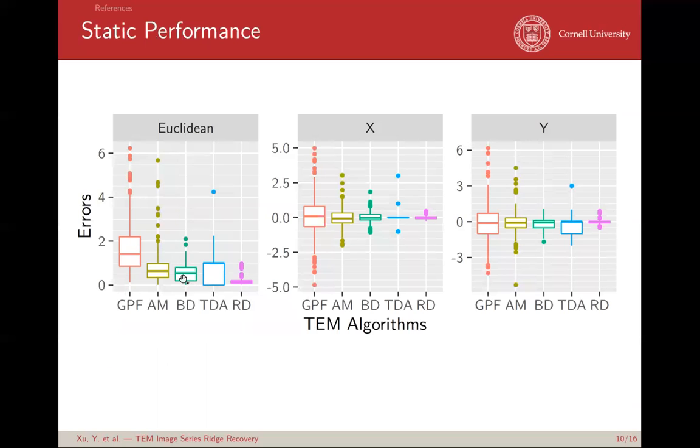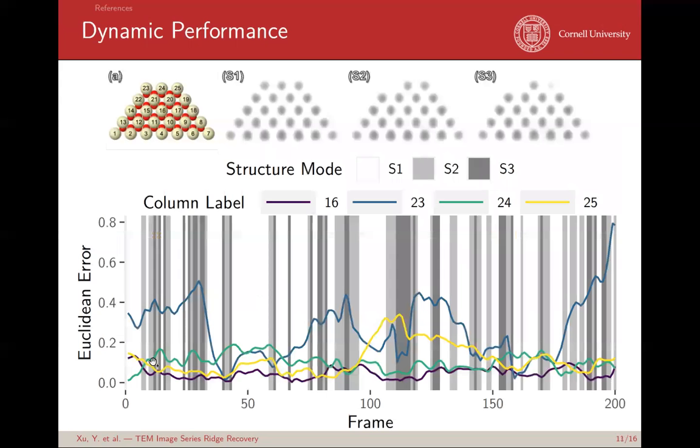Concerning the performance on static structures, the box plot summary of errors in those three aspects suggests that the ridge detection algorithm is the most consistent and stable one among all other benchmarks. Switching to the 200 frame dynamic cases with state transitions, the Euclidean errors here also demonstrate the efficiency of the ridge detection algorithm.